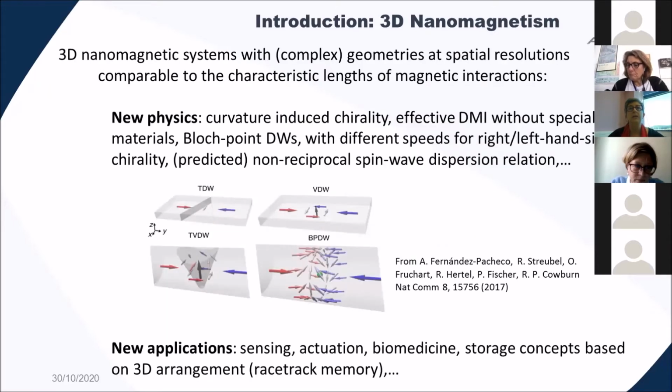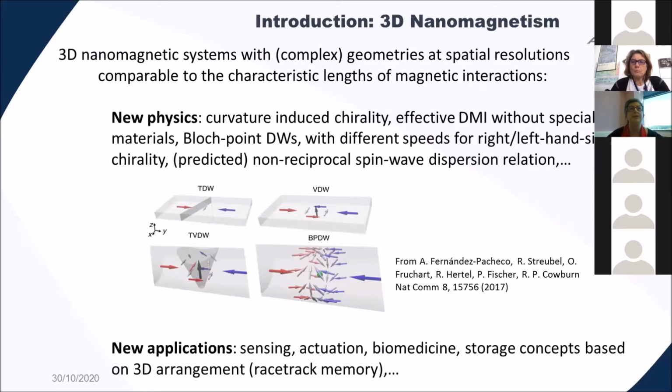In particular, when we talk about magnetic ones, nanomagnetism refers to when the sizes and shapes approach the tens to hundreds of nanometers lengths, which are already relevant for magnetic interactions such as exchange. So the material, so to speak, will feel the curvature, for example.